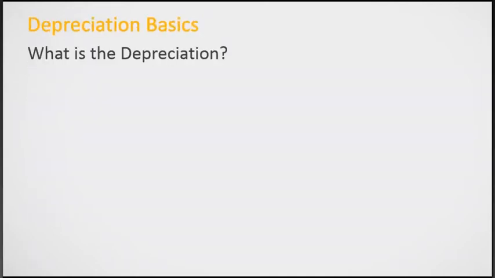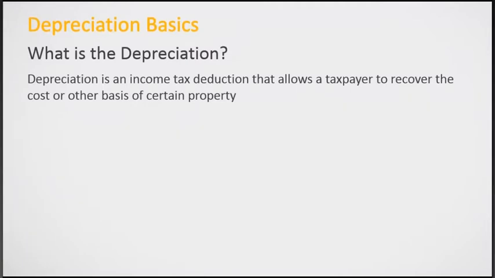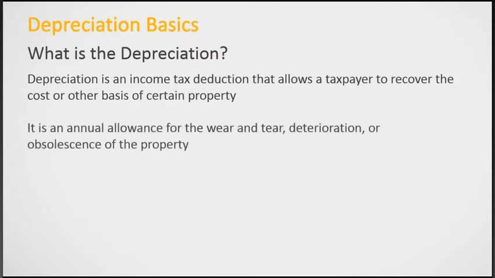So what is depreciation? Depreciation is an income tax deduction, and what it allows you to do is recover the cost or the basis of income-producing property. So you've got to be able to say that you're using this property in a business. It's an annual allowance for the wear and tear, deterioration of the property.